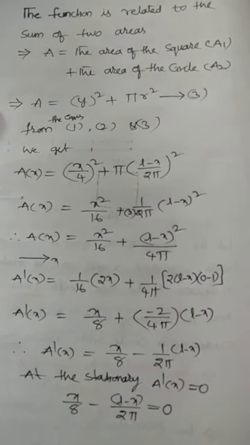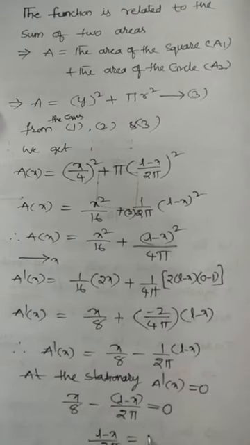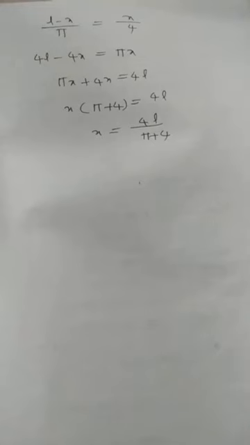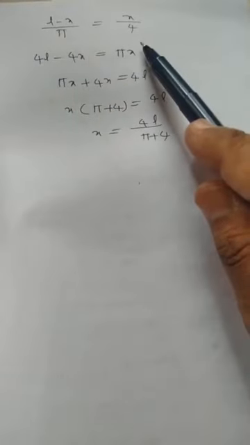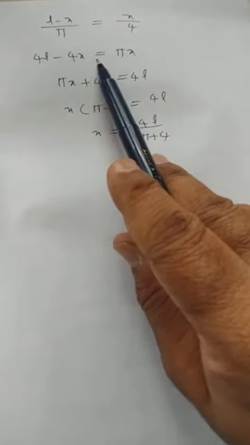So that (L minus x) by 2 pi is equal to x by 8 here. Here this 2 cancels with this 8, remains only 4 here. By simplification we get (L minus x) by pi is equal to x by 4. By cross multiplication, 4L minus 4x is equal to pi x.